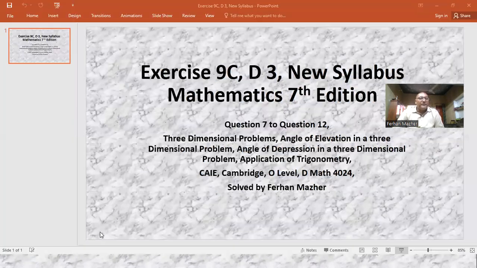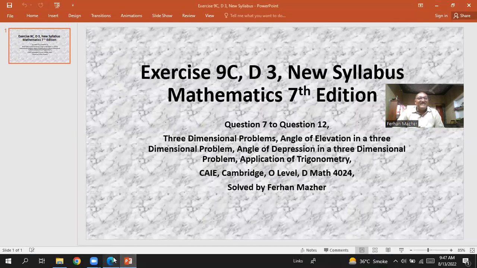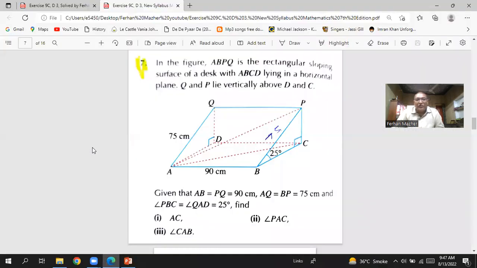Question number 7 is showing up on your screen. I hope you can see this. In the figure, ABPQ is the rectangular sloping surface of a desk with ABCD lying in a horizontal plane. Q and P lie vertically above D and C. So this is like a ramp.